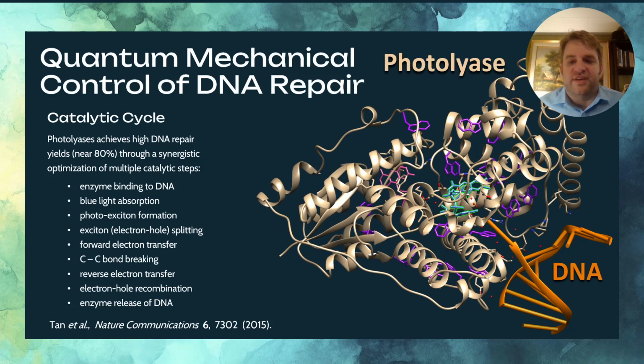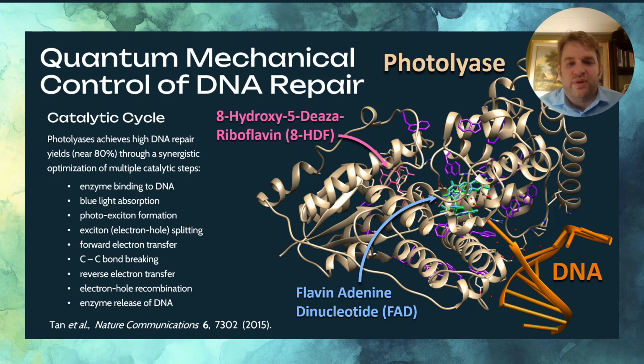So if we take a closer look at this example of photolyase, we can see here it's docked to a strand of DNA. Looking a bit closer, we can see the flavin adenine dinucleotide cofactor in the molecule. That's a prosthetic cofactor added to the protein strand after transcription. If we look a little further back, we can also see a hydroxydeazariboflavin.